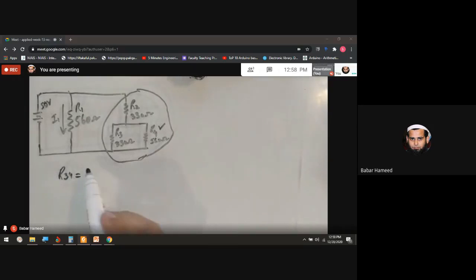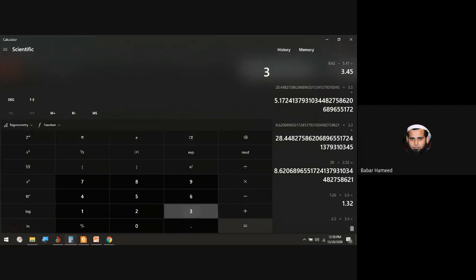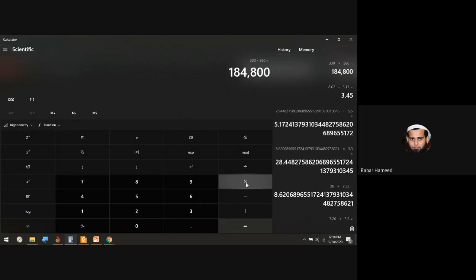R34 is equal to their product over their sum, 330 and 560, over 890. Just a simple calculation. 330 multiplied by 560 and divided by 890.